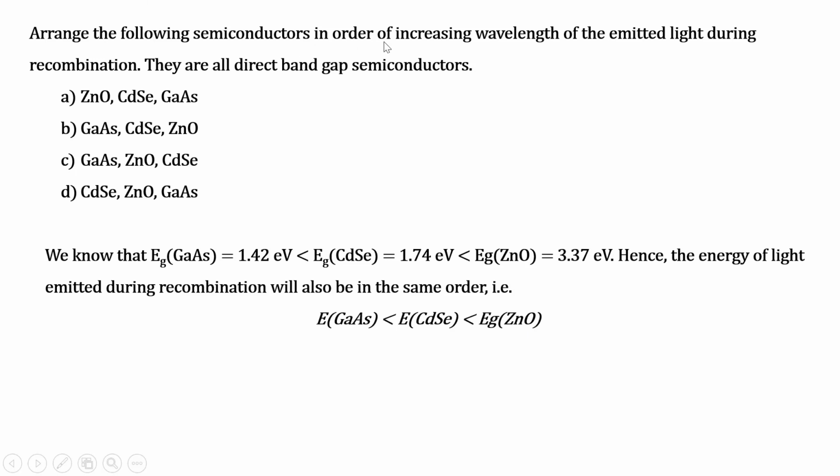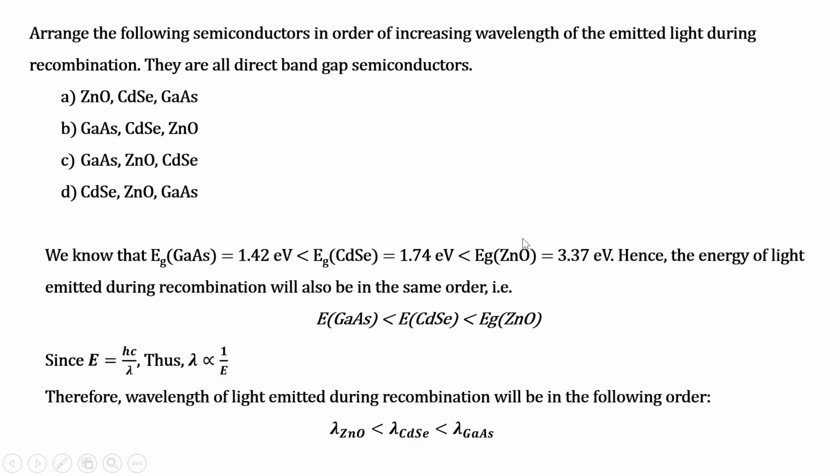Increasing wavelength would mean the opposite: zinc oxide, cadmium selenide and GaAs. So option A will be the answer. Whatever the increasing order of energy, lambda will follow the opposite. So option A is the right answer. Is it clear to all of you?